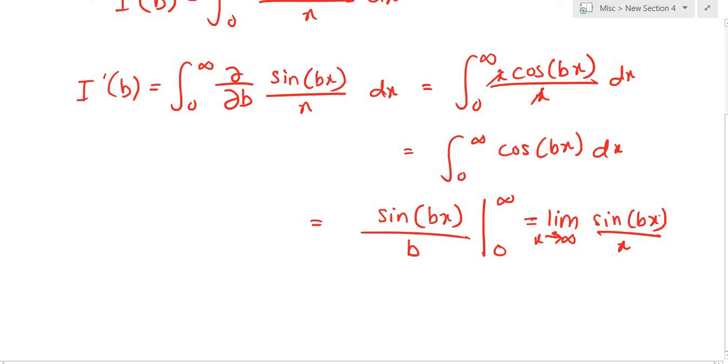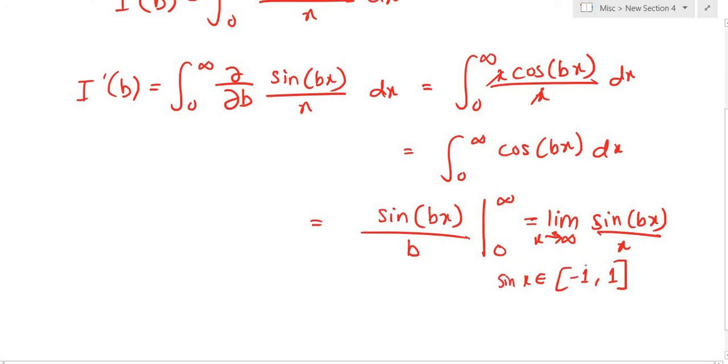The way you think about it is, sine is a really weird function. It is always oscillating between -1 and +1, and as x tends to infinity, it will be somewhere on this interval.